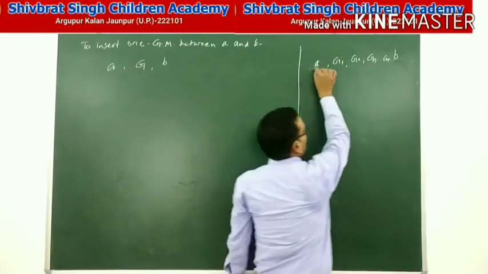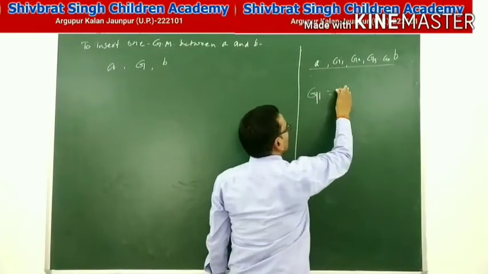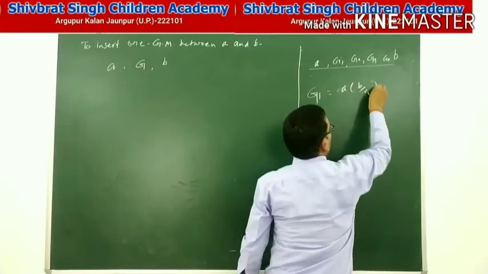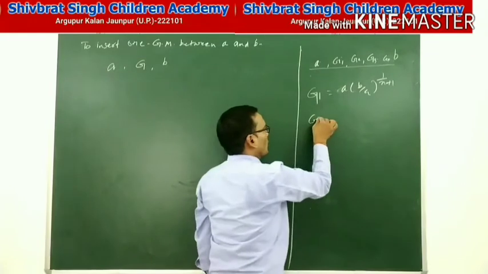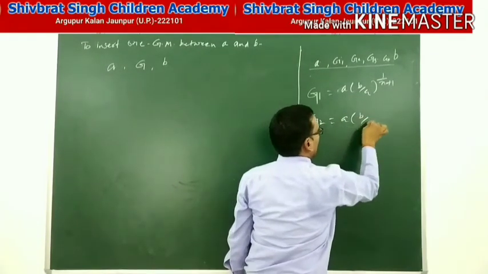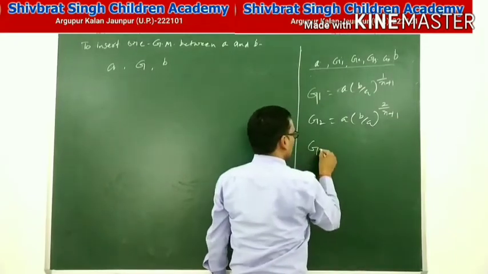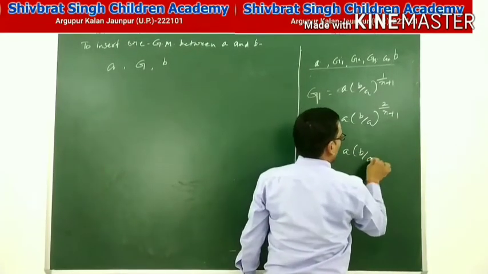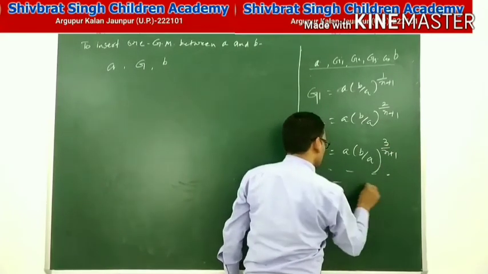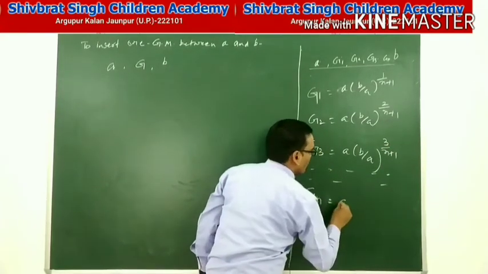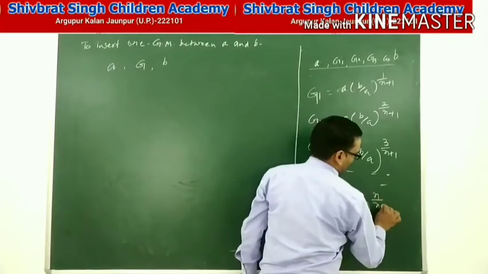In a previous lecture, we found g1 equal to a b upon a to the power 1 upon n plus 1, g2 equal to a b upon a to the power 2 upon n plus 1, g3 equal to a b upon a to the power 3 upon n plus 1, and so on, gn equal to a b upon a to the power n upon n plus 1.